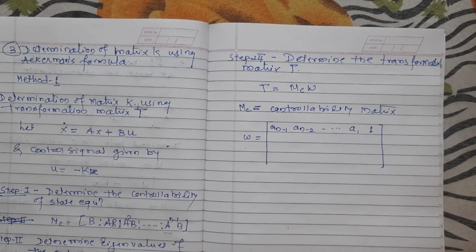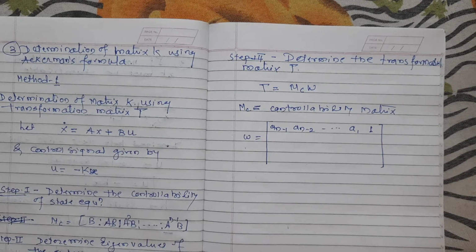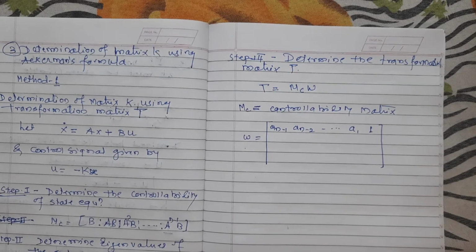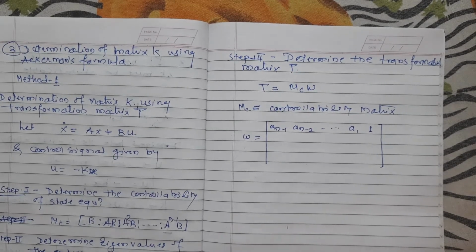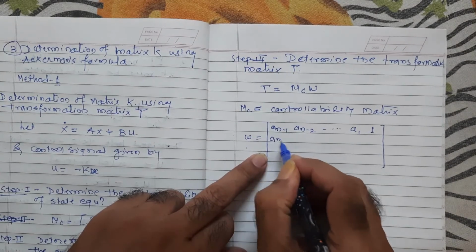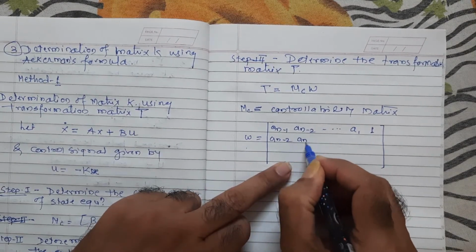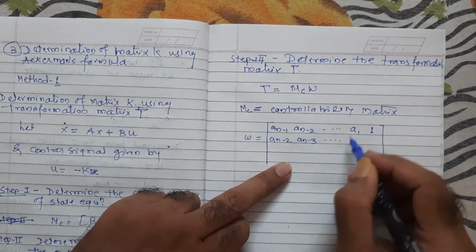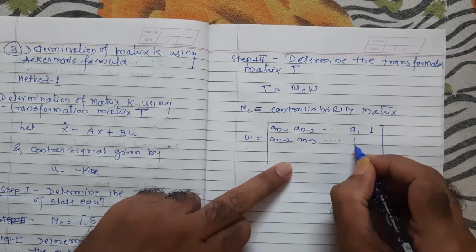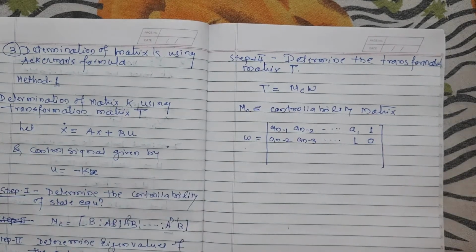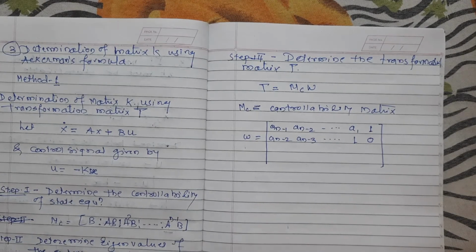See here, then we write a n minus 2, a n minus 3, then 1 and 0.